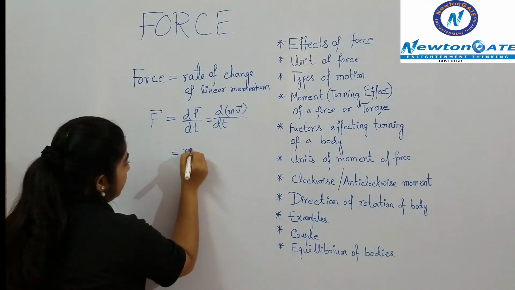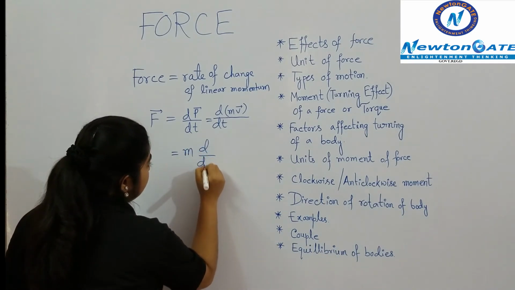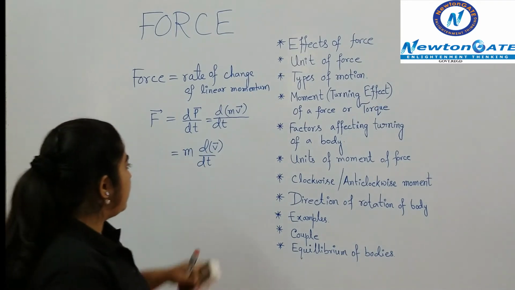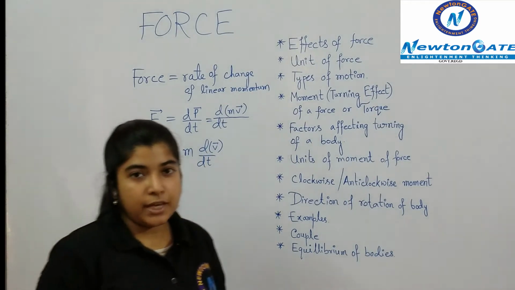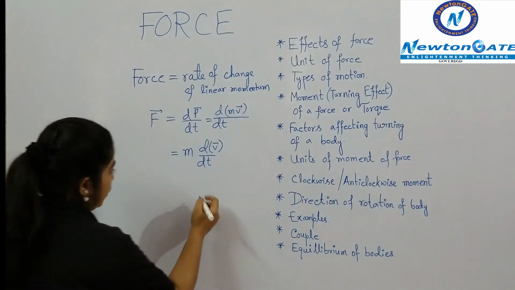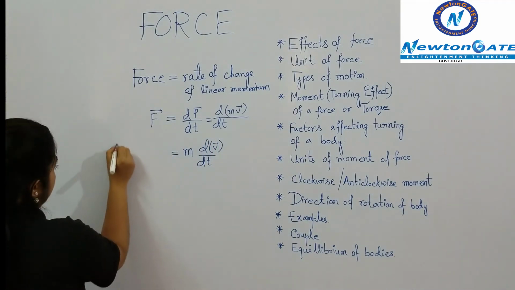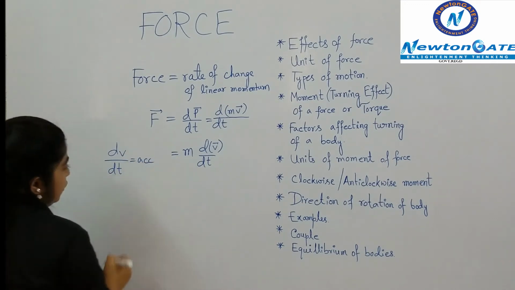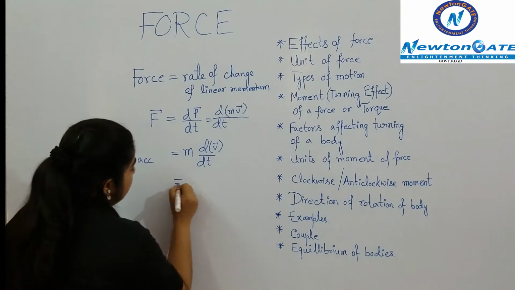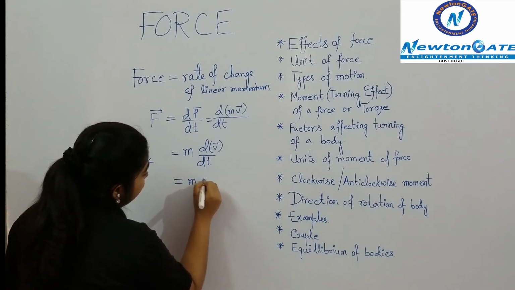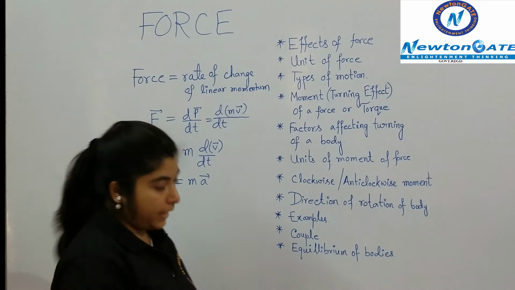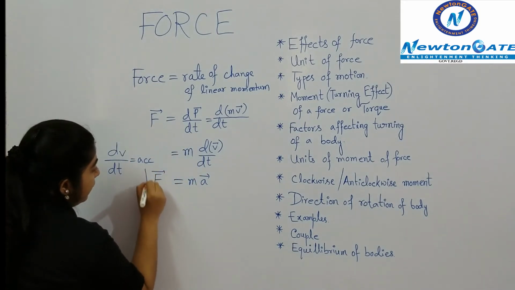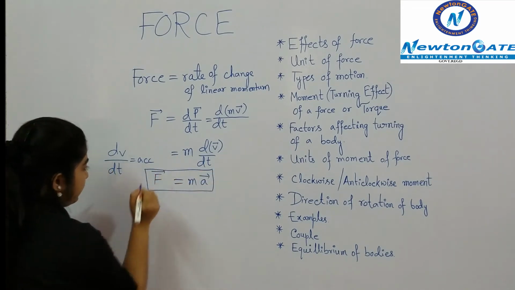So we can write this as m d/dt of v. And we know that the rate of change of velocity, dv by dt, is acceleration. So from this equation we can write F equals m into a, where a is acceleration and m is mass.